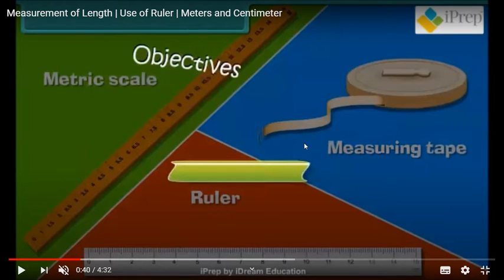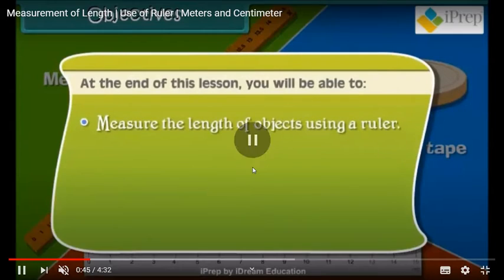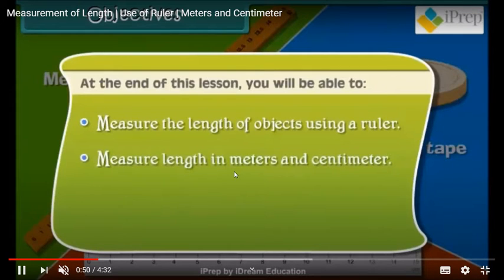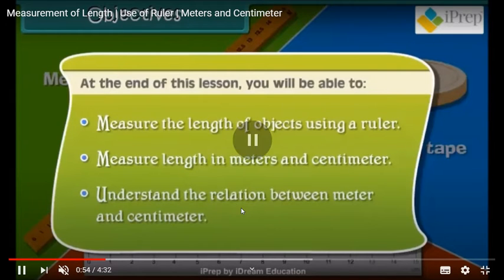At the end of this lesson you will be able to measure the length of an object using a ruler, measure length in meters and centimeters, and understand the relation between meter and centimeter.